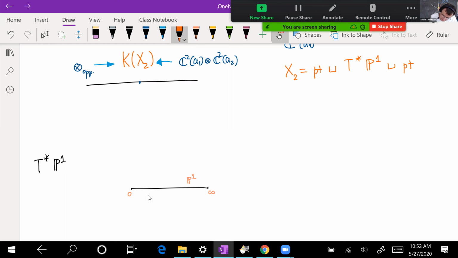Up to conventions, let's say it acts with weight A_1 over A_2 in the tangent space here, and the opposite weight A_2 over A_1 in the tangent space at infinity.